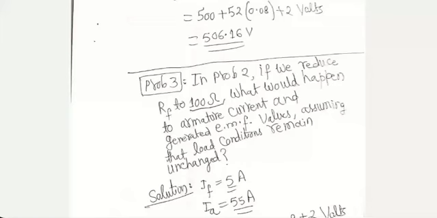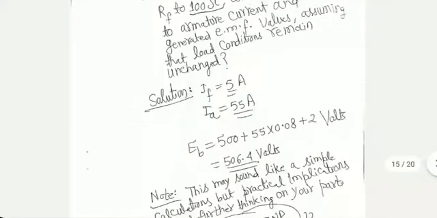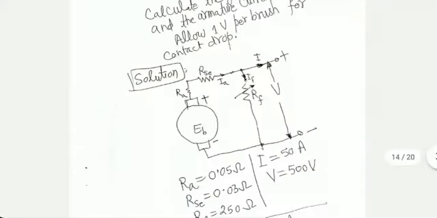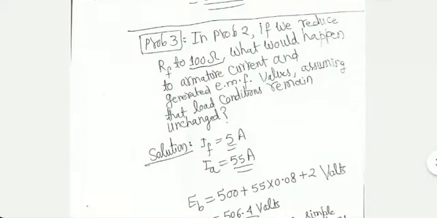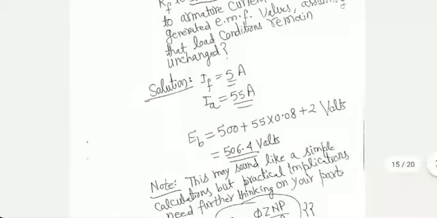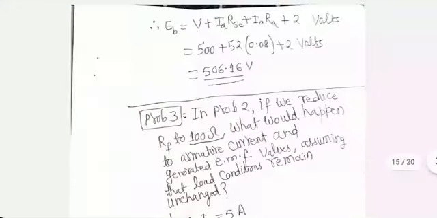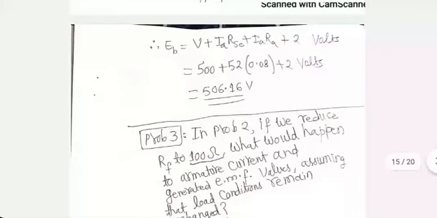Now, IF will be 500 divided by 100 ohm, which will be 5 amperes. IA, of course, will be the same at 50 amperes. So IA would also go up to 55 amperes. New value of EB, you can again do the calculations. It turns out to be slightly different from what we got in the previous problem. But it's not very different.